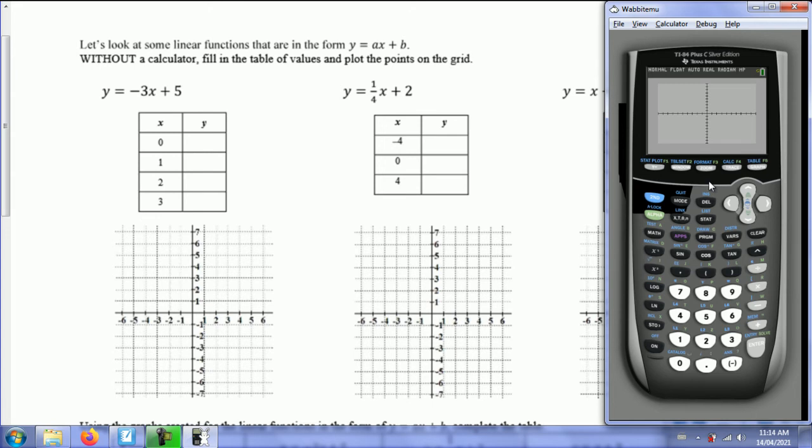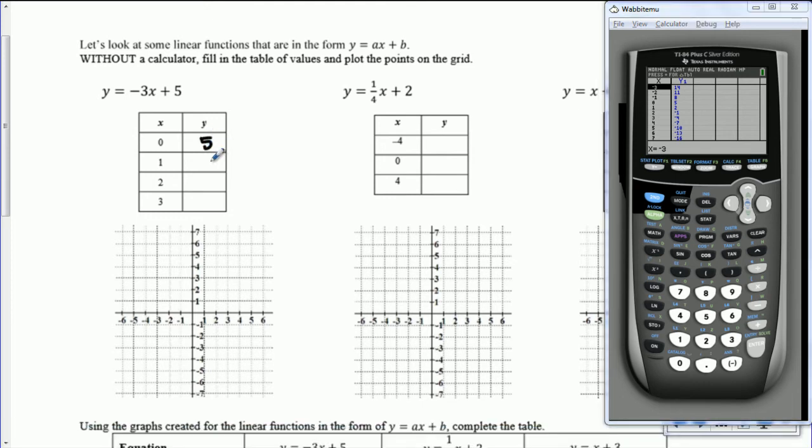So it looks like that. And we can check out a table of values. So 0, 5; 1, 2; 2, -1; and 3 is at -4. I can just fill all these in based on the table. So that's 5, 1 is 2, 2 is -1, and 3 is -4.